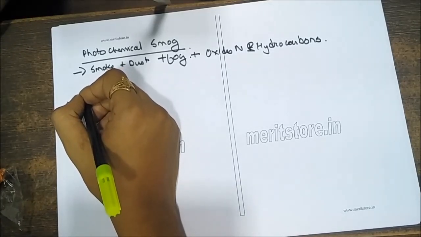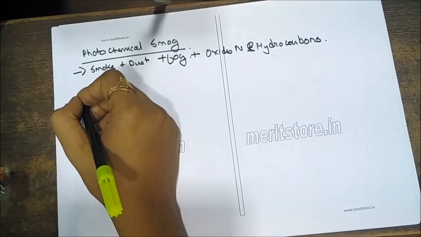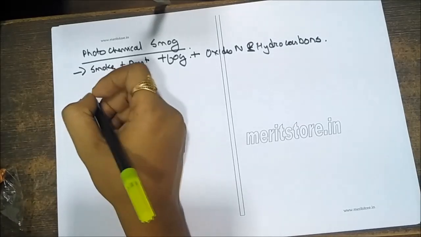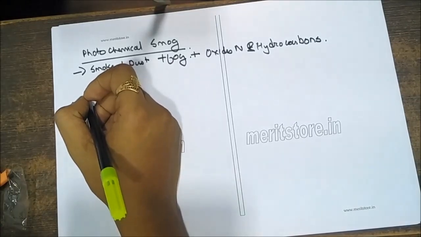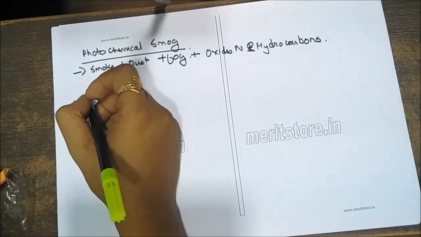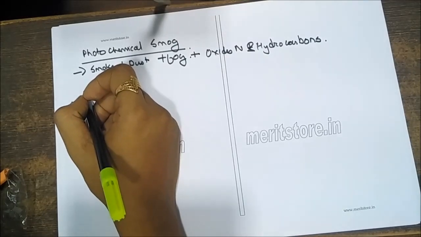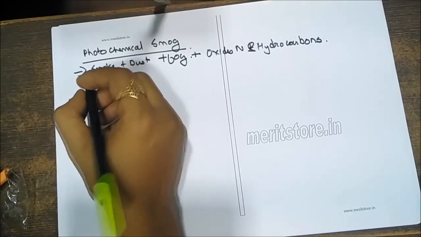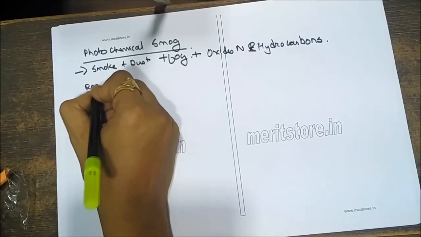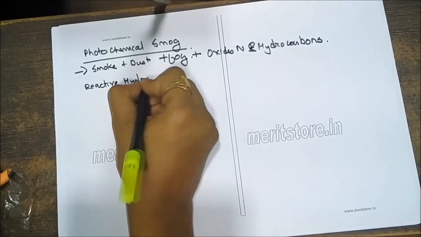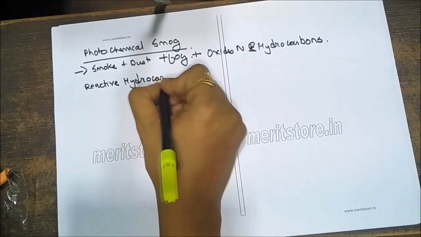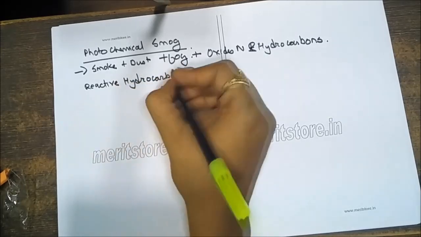Okay, now hydrocarbons which are very reactive, containing double bonds, are released from automobiles. Okay, and they react with ozone to form a hydrocarbon free radical. So reactive hydrocarbons, by this we mean those hydrocarbons which contain double bonds.